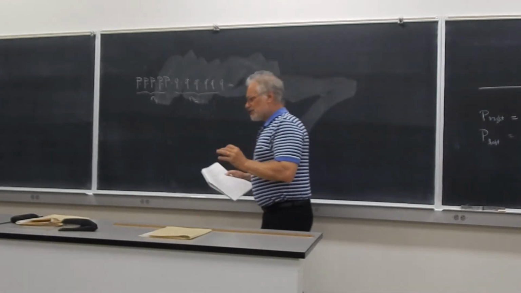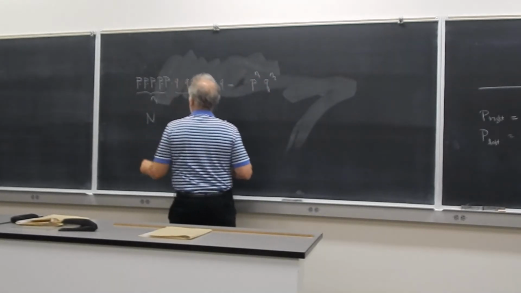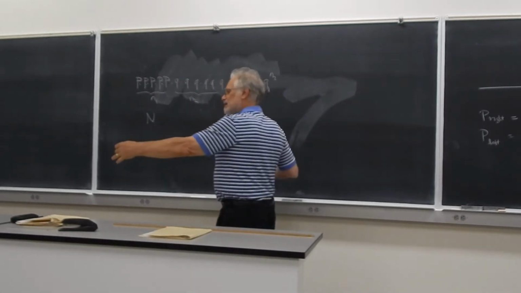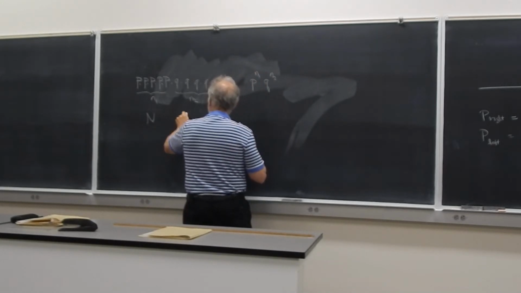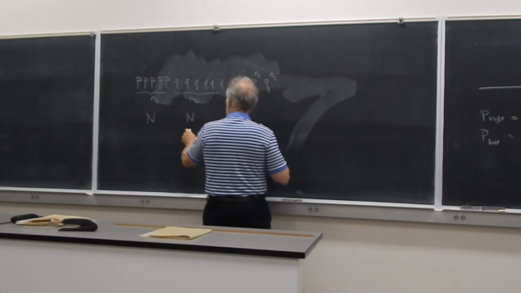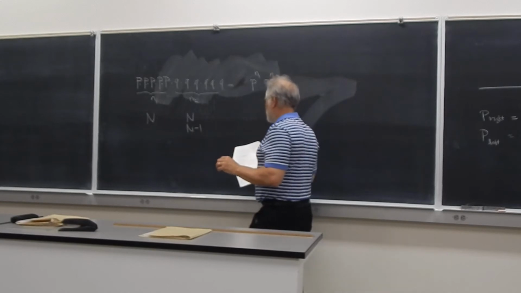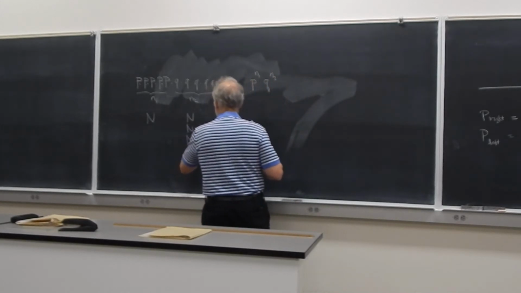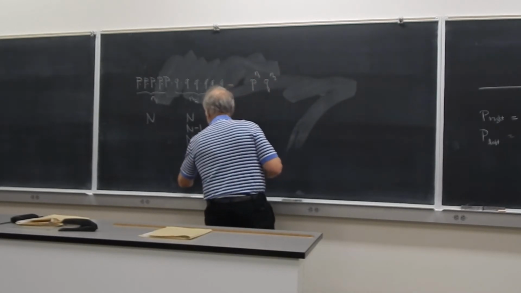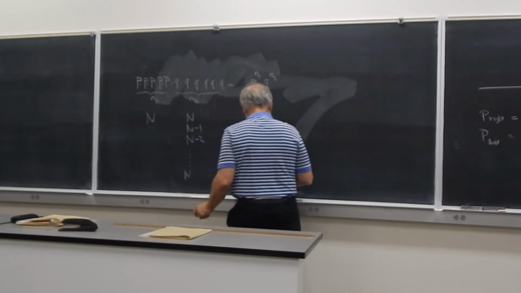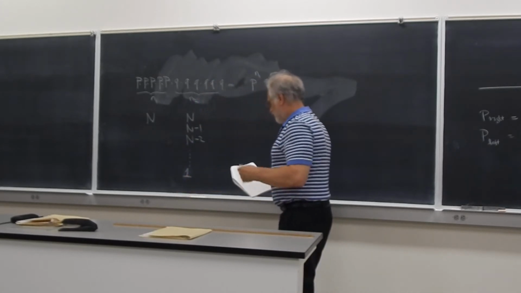Okay, now we have a choice. We have N total steps, and let's create this sort of configuration of slots. I could put N items in the first slot. I could put N minus 1 items in the second slot because he's already taken a step. If he takes a third step, I can put N minus 2 items in the third slot, and so on and so forth, until I go all the way down to the Nth step he takes, and I only have 1 item left for the Nth slot.